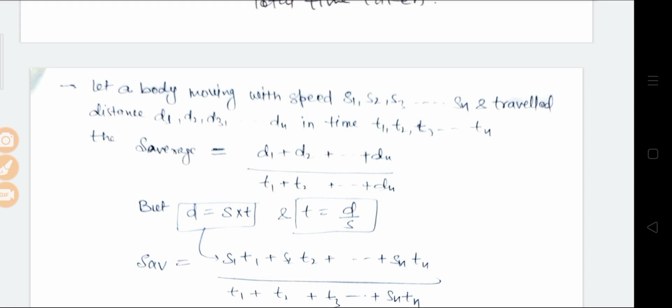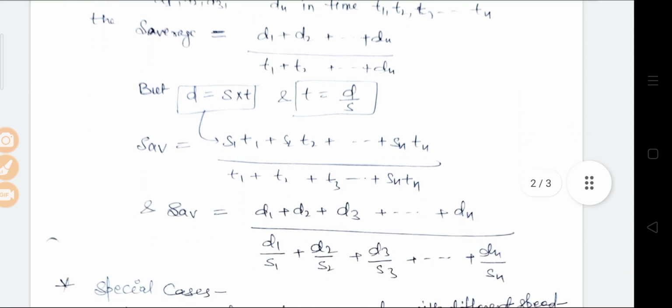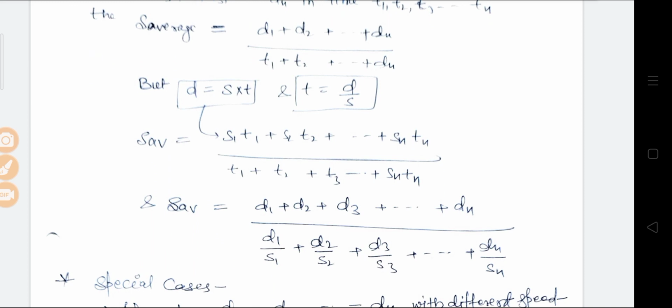So the average speed will be d1 plus d2 plus d3 up to dn upon t1 plus t2 plus t3 up to tn. But distance equals speed into time, and time equals distance upon speed, so you can put the value of distance in the form of speed and time, because if the distance is not given and only speed and time are given, you can find the average speed.